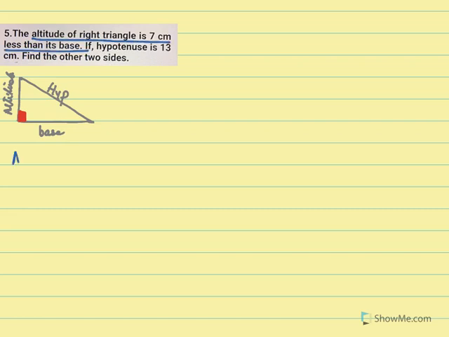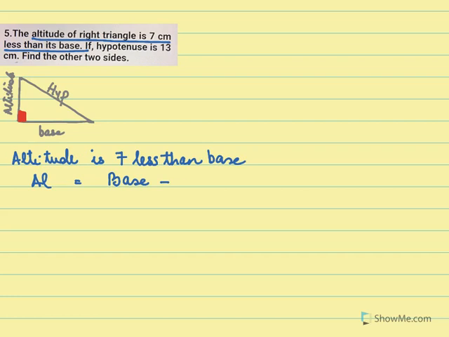So let me write down: altitude is 7 less than base, which means altitude is base minus 7. So in this case I will take my base as x.